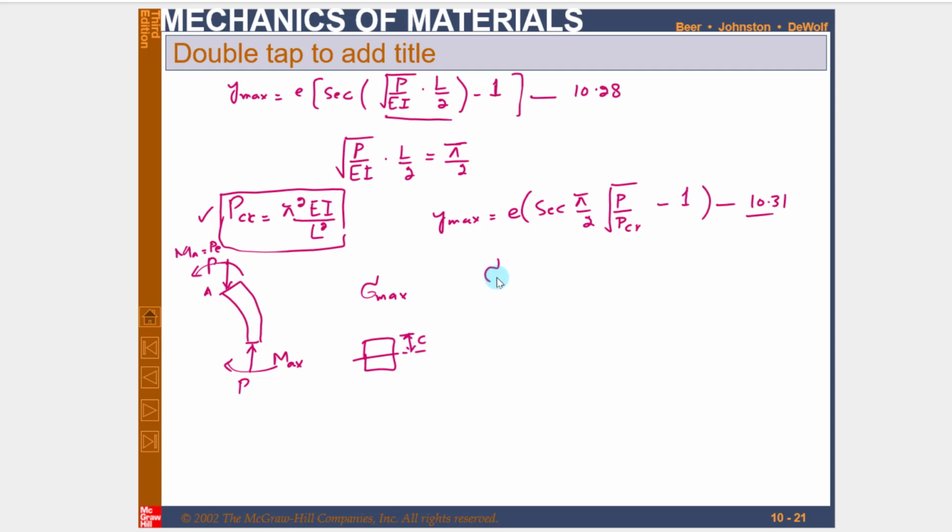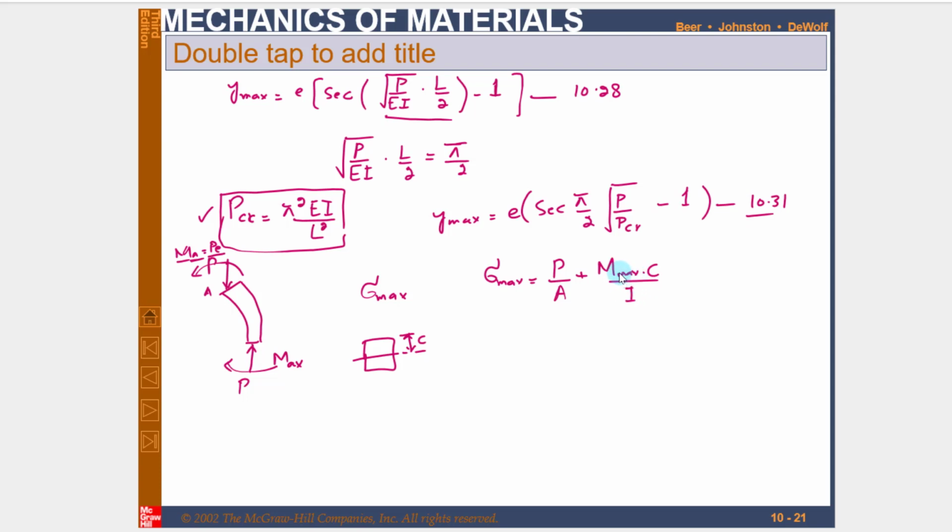So this maximum stress in this condition will be equal to the stress due to P, which is P by A, plus the stress due to the couple or bending, which is the maximum bending moment into C divided by I.